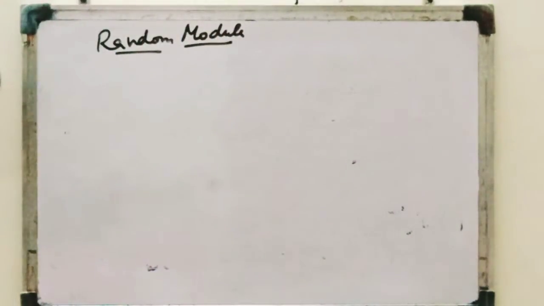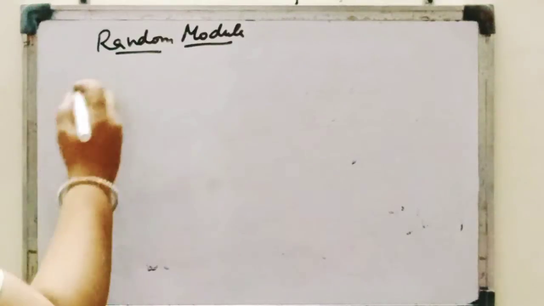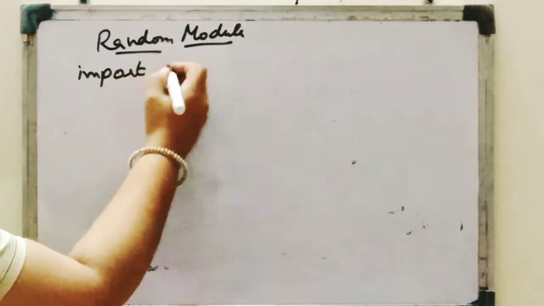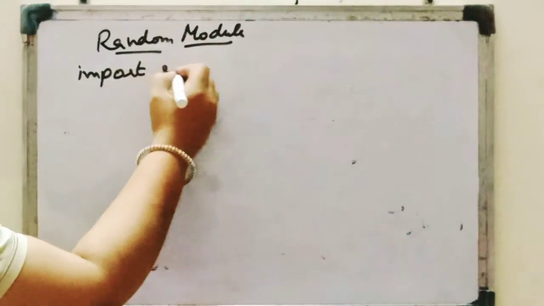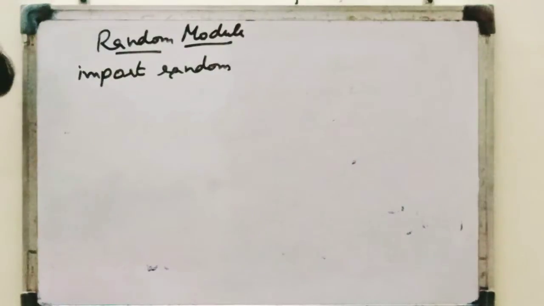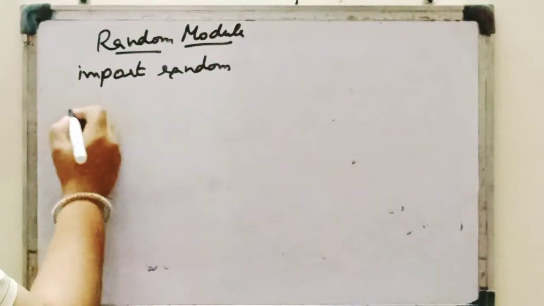In the random module, how can we import the library? We did this in the very first topic of today's video. Import random, because I want to import the full library. In the random module, we have common random number generator functions.